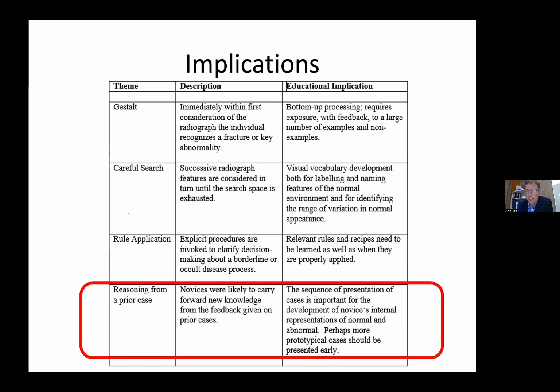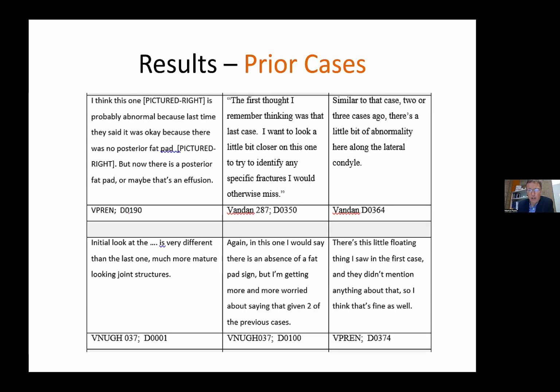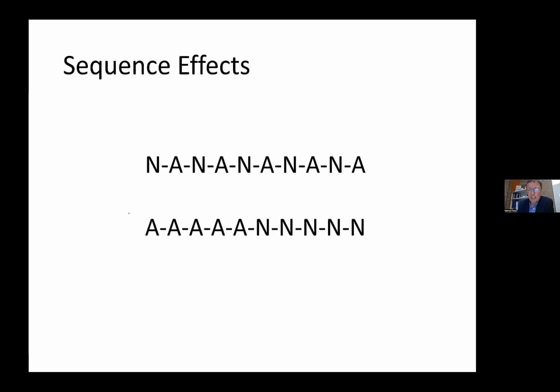And then there's reasoning with the prior case I hinted at earlier, in terms of the medical students using case 2 to reason about case 6. And so it was really quite exciting to be able to watch learning happening within the transcripts and see the people sorting out their world as they went along. And we could see sequence effects.